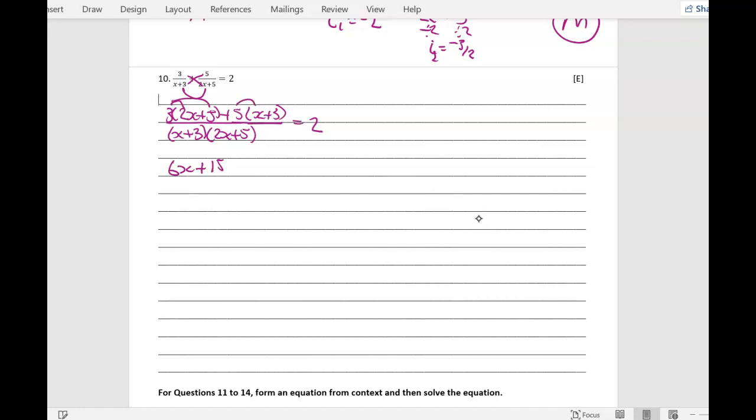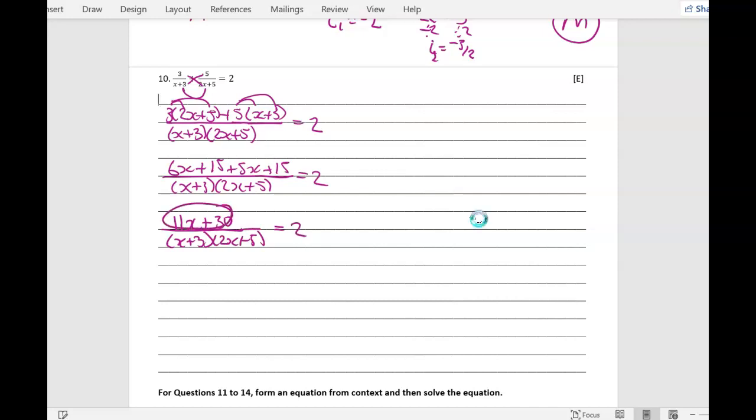We've then got 5 times x, plus 5x, and then plus 15 over here. All of that is divided by x plus 3, 2x plus 5. That there is equal to 2. Now I'm going to simplify that top line. That gets me to 11x plus 30 over x plus 3, 2x plus 5. All of that comes to 2.